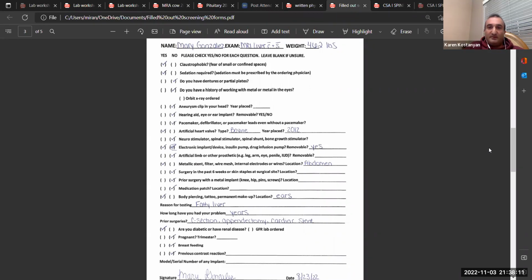Okay, and next question. Can you disagree? Like, I don't want to remove it, you mean? Yeah, I can say I can't take it off, or I don't feel comfortable taking it off. So what are you then going to do if that happens? I can't do an MRI with an insulin pump.